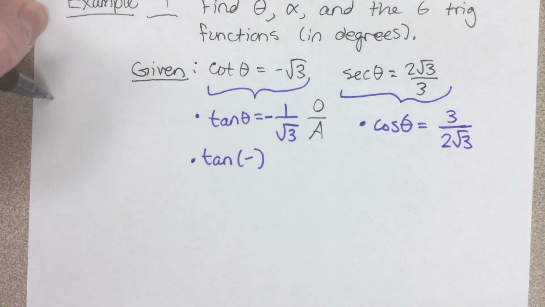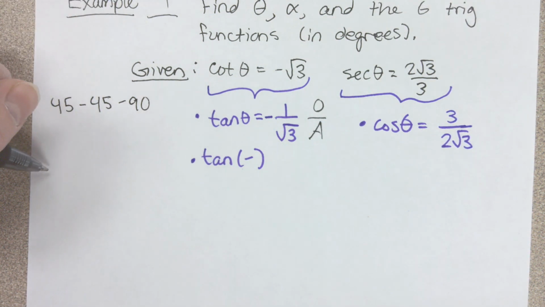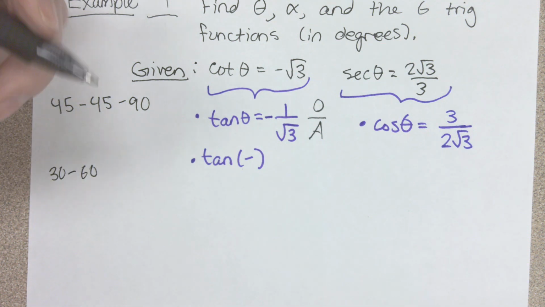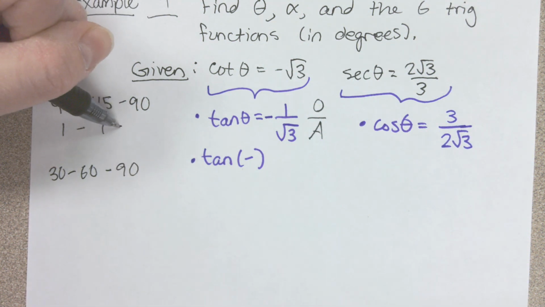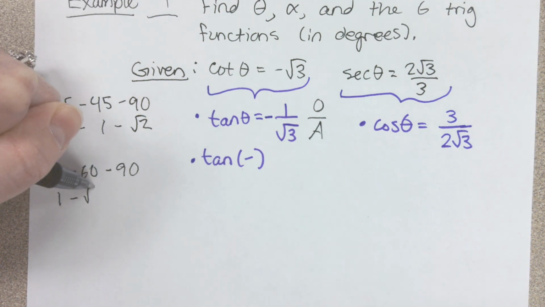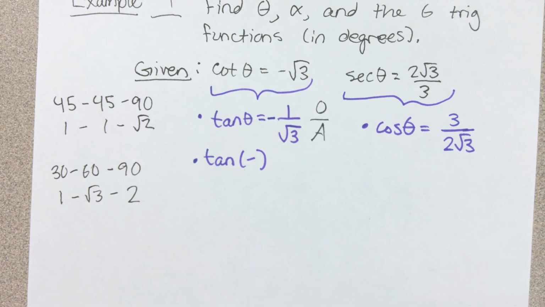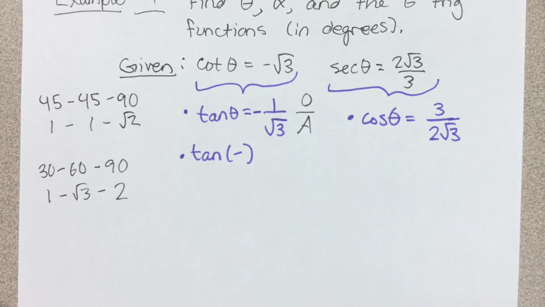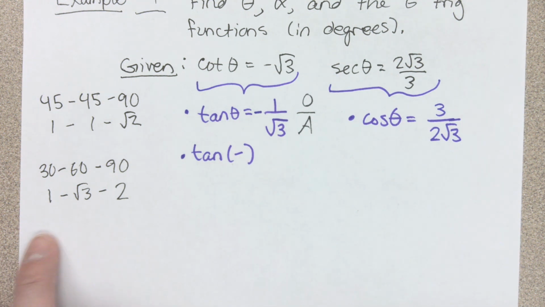Let's write out the two triangle types, 45, 45, 90, and 30, 60, 90. 45, 45, 90: 1, 1, rad 2. 30, 60, 90: 1, rad 3, 2. You can tell from the tangent information alone that this is going to be the 30, 60, 90 case.